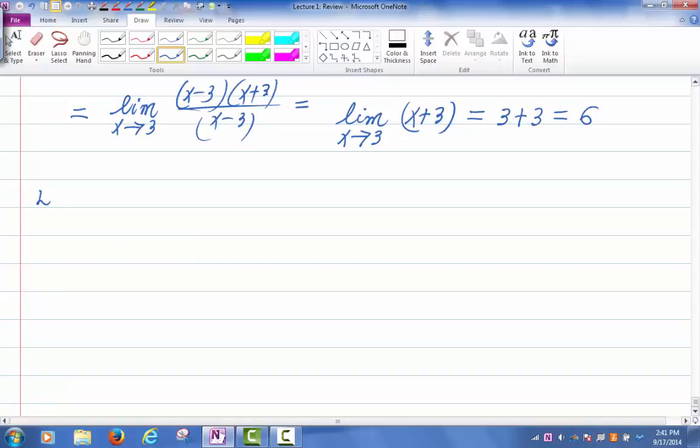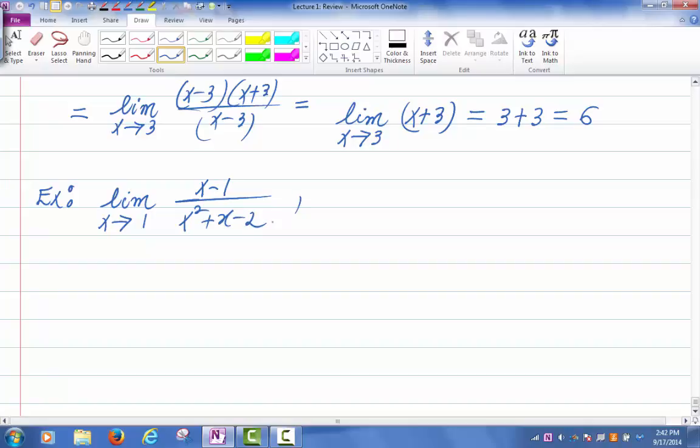Now let's do a similar example. What if I take the limit as x goes to 1 of x minus 1 over x squared plus x minus 2.